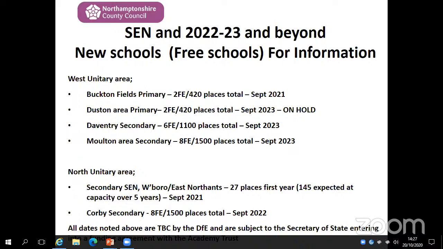The Moulton area, which will serve basic need demand in Northampton Town, and the Corby secondary one there. Obviously, these schools are being delivered by the DFE. NTC are effectively a third party to those proceedings. So any date given in terms of their opening is subject to change.